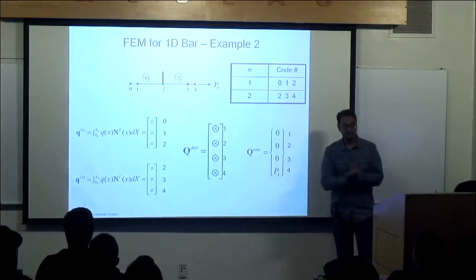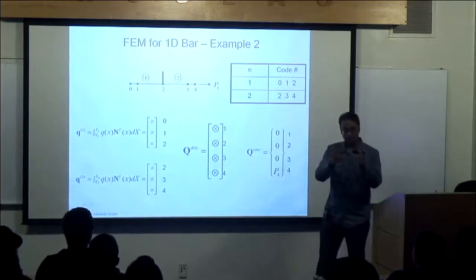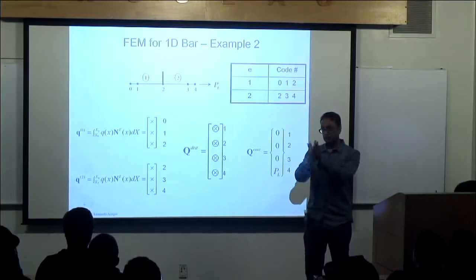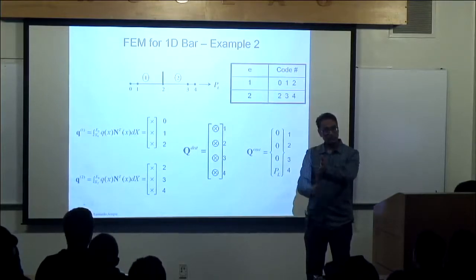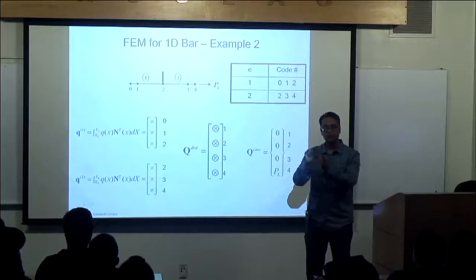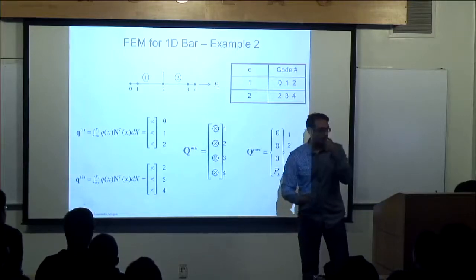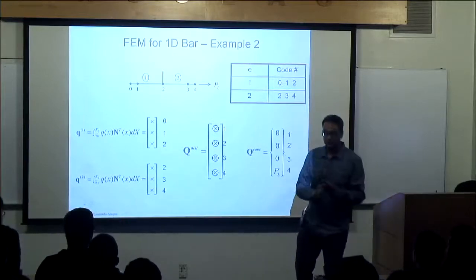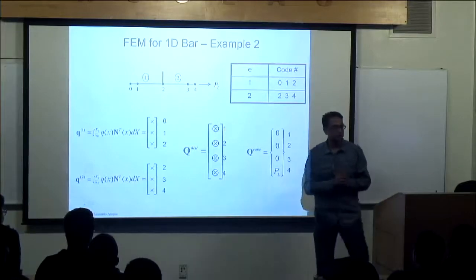So I have a 4 by 4 global stiffness matrix times a displacement vector with 4 unknowns. When I solve them, I know exactly what the displacement is right away. No conversion necessary. I know the displacement at every node. If I know the displacements, I know the strains. If I know the strains, I know the stresses. And you guys know how to go about that.